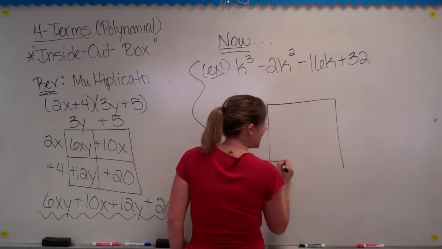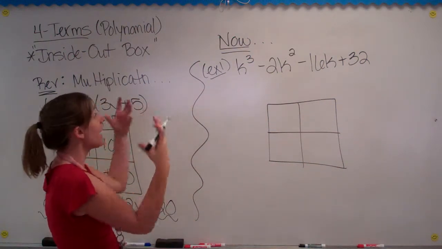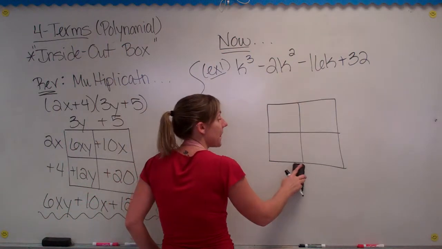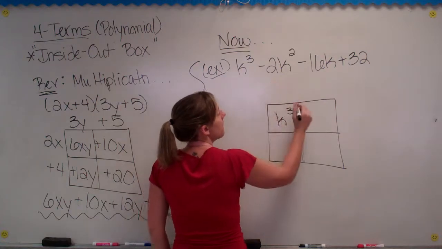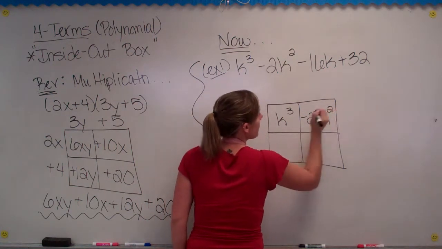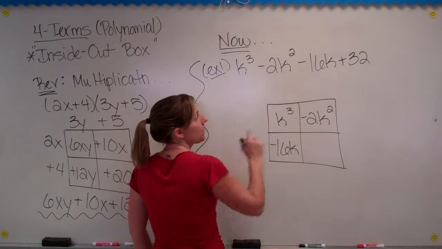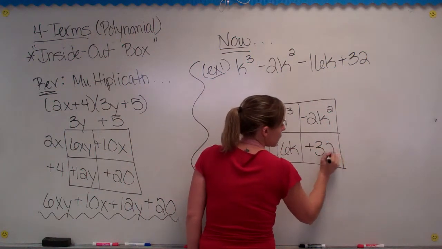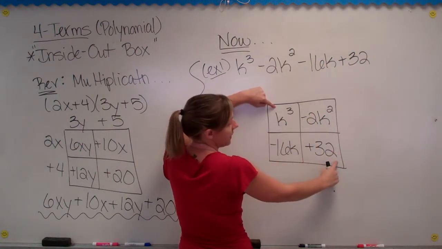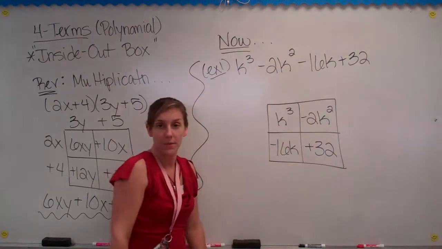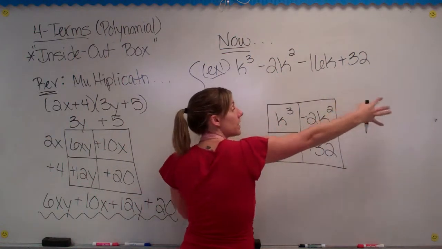So we're going to go from the inside out. That's the hardest part for my students to remember, is that we start inside out when it comes to factoring. We work it backwards. So we're going to put k to the 3rd in one box, minus 2k squared in another box, minus 16k in the 3rd box, and a positive 32 in the last box. So the first and last have to be at the beginning and the end. I just went from left to right, okay? So again, we're starting with the inside, and now we're going to divide out.